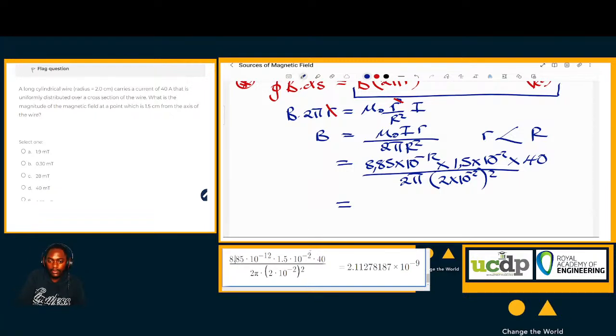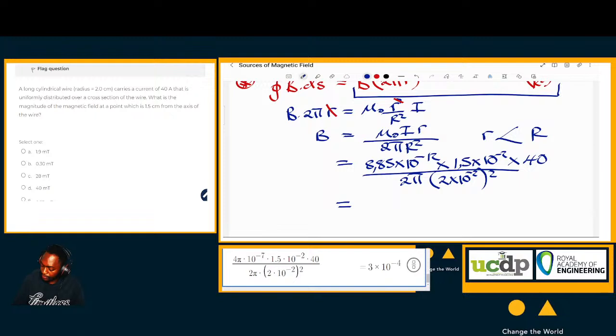Let's see. 8.85 times 10 to the negative 12 times 1.5 times 10 to the negative 2. Let's do this. 4 pi times 10 to the power of negative 7.